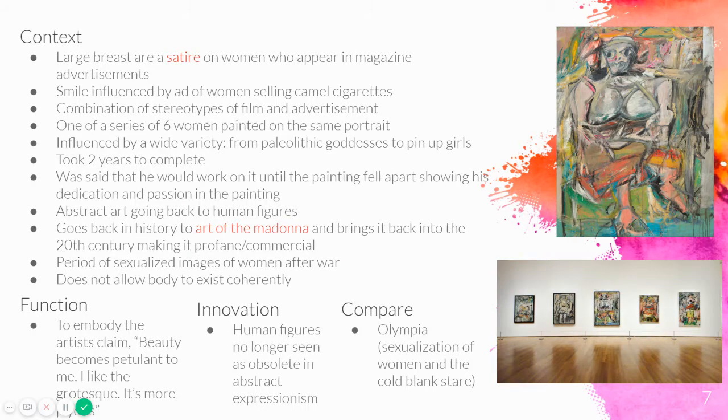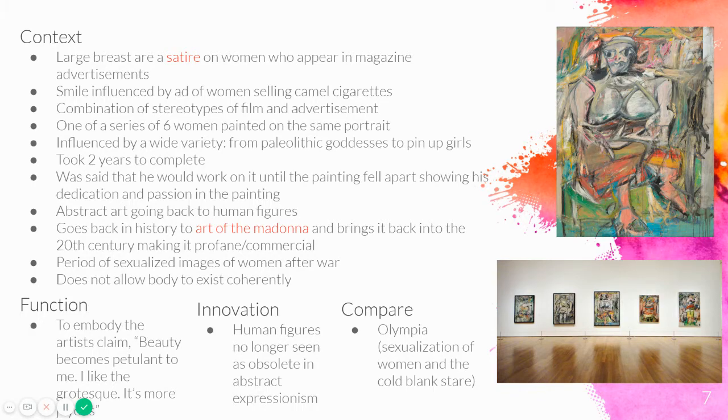The smile is influenced again by the ads of women selling Camel cigarettes. There's really kind of an evil to that William de Kooning is trying to portray here. He's definitely trying to also hit the mark on using women to sell products by enlarging the breasts and working with that made up face, the heavy mascara, the large, big doe eyes, and the other parts of her being insignificant.